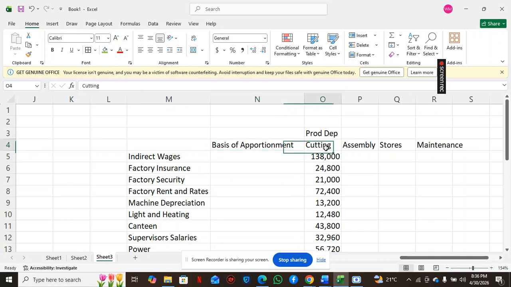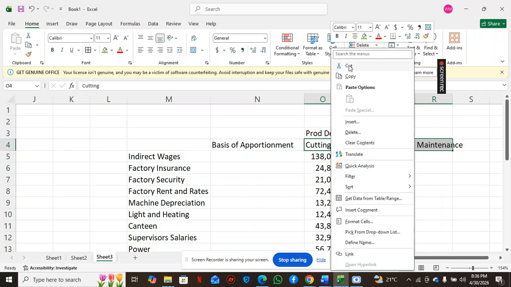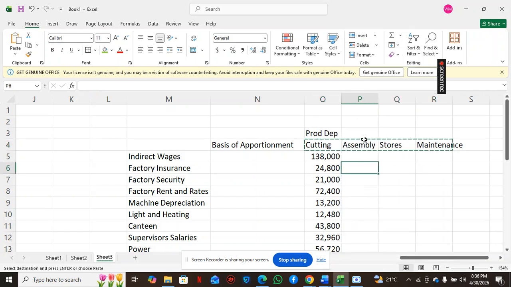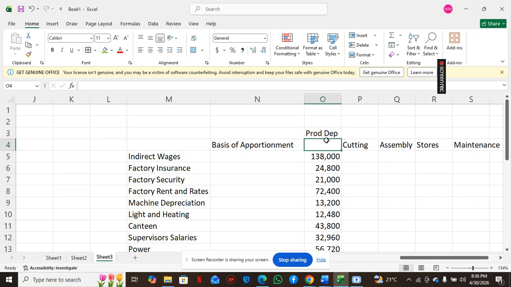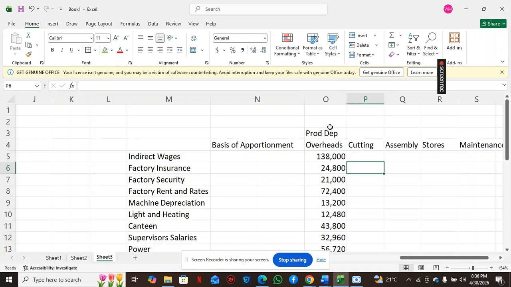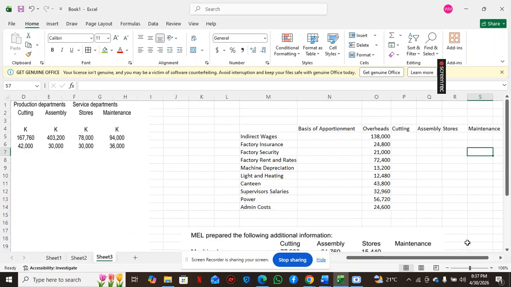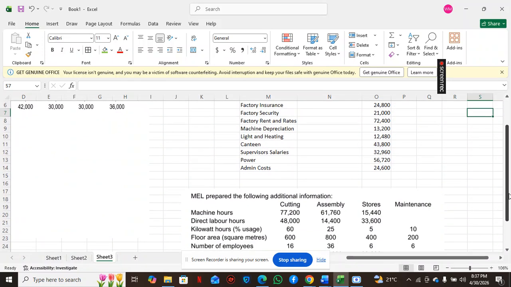So remember, to apportion is just basically to share out. So we are going to begin. Yes, so our table is going to be like this. So we're going to start now apportioning each of these overheads across the departments.